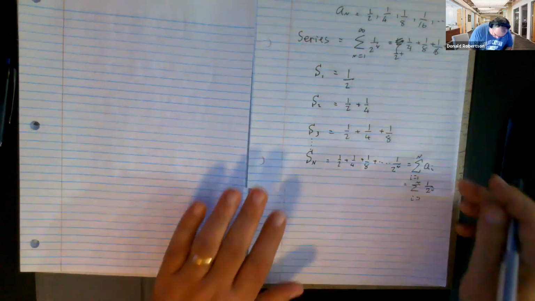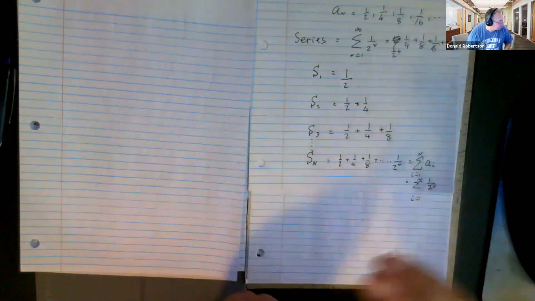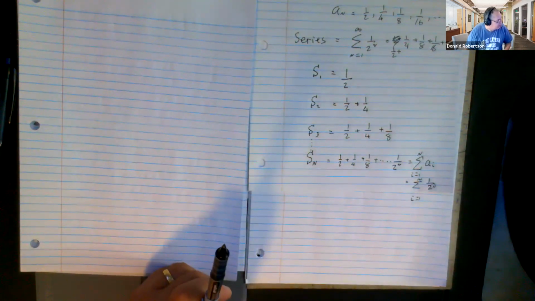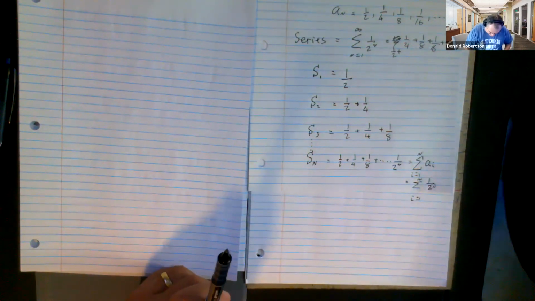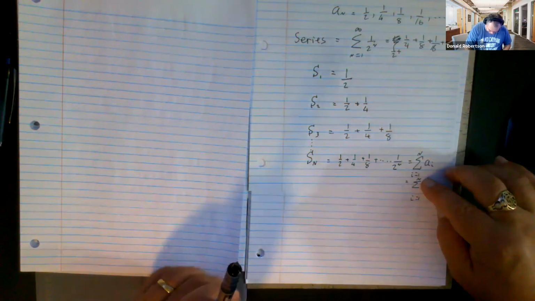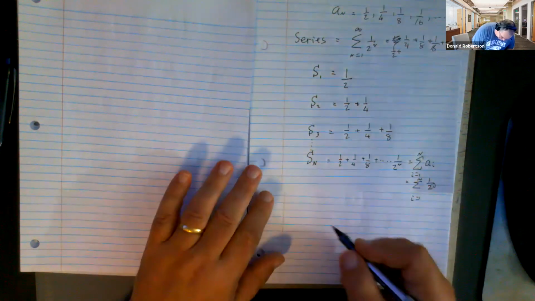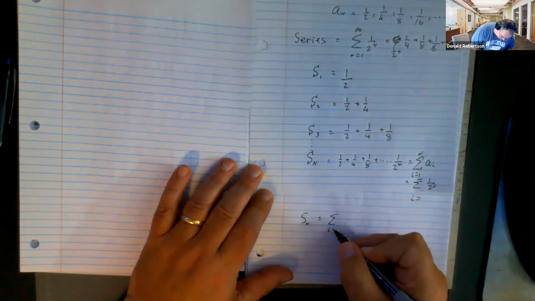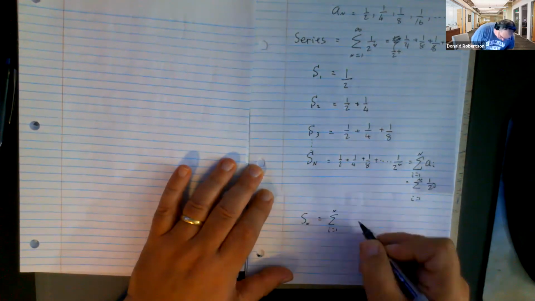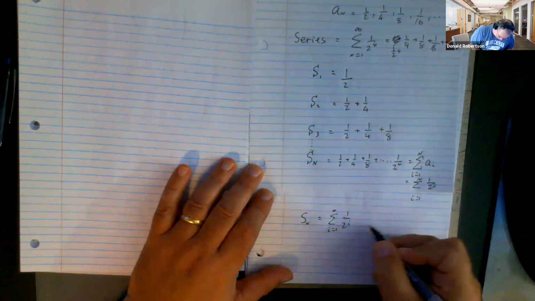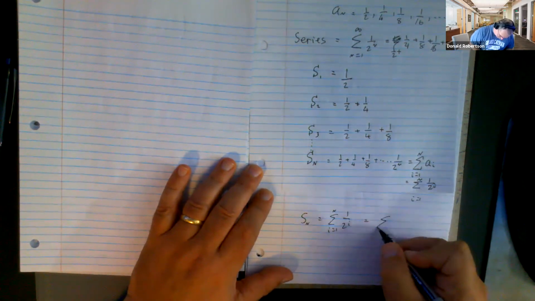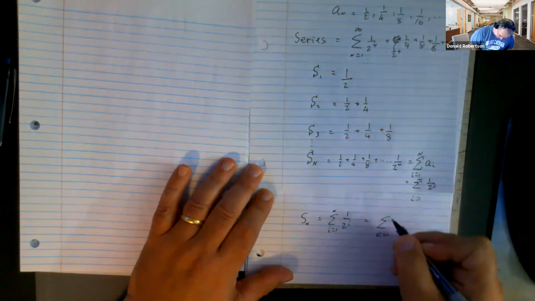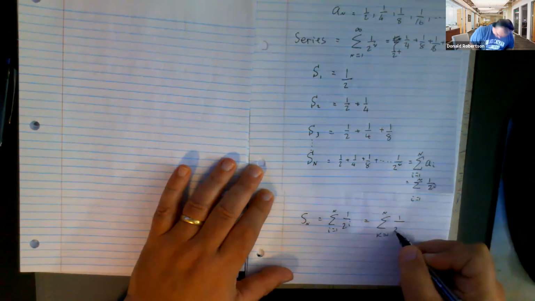Now, I'm confused at the best of times on what variable to use here. So S_n can be the sum from i equals 1 to n of 1 over 2 to the i. It could also be the sum from k equals 1 to n of 1 over 2 to the k.